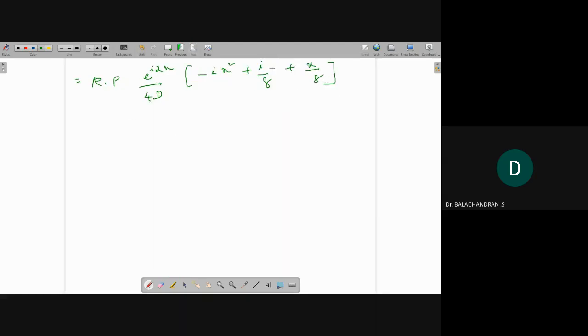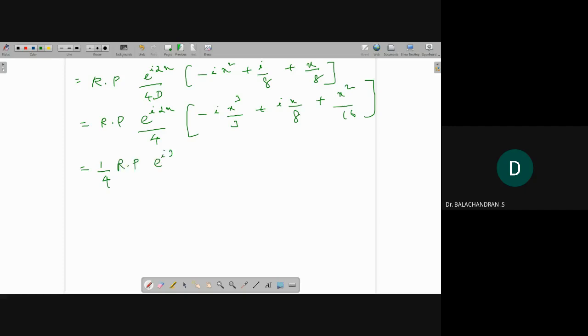Okay, so after multiplying by i, now I am going to integrate. So if you integrate, that is 1 by d, I need to integrate minus i x cube divided by 3. This is a constant term. So i x by 8 plus x square by 2, 2 into 8, 16. So now 1 by 4, so real part of e power i 2x.